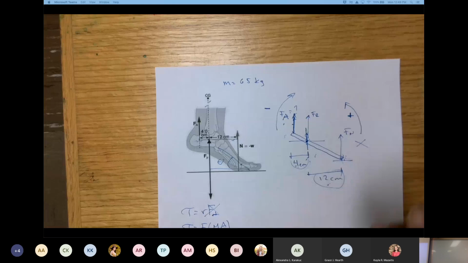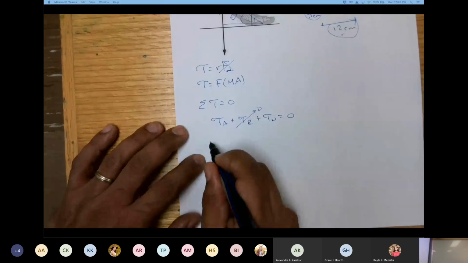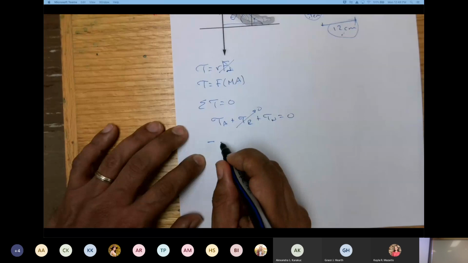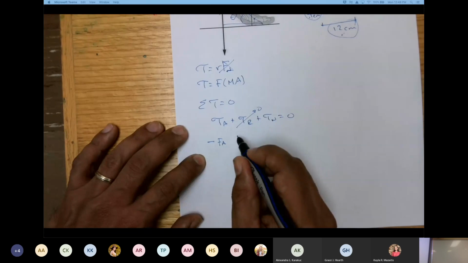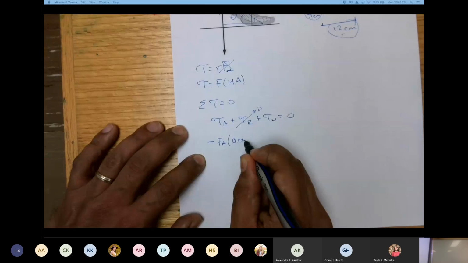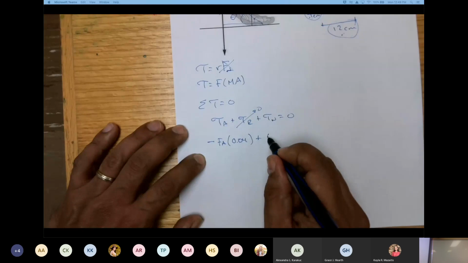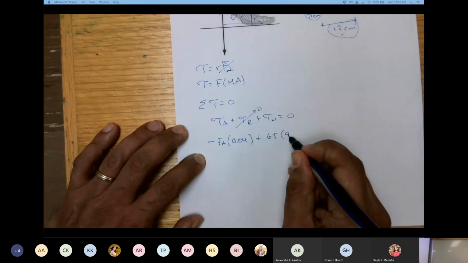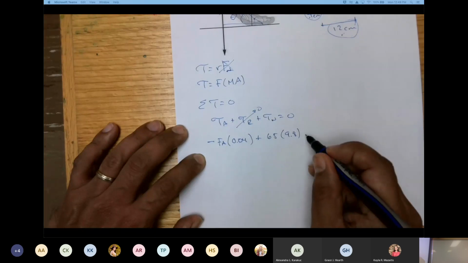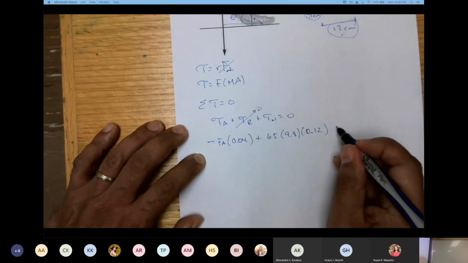So I'm going to have minus the force of the Achilles tendon times 0.04, that's the moment arm, plus the normal force, which is 65 times 9.8, times 0.12 meters. And this is going to be 0.